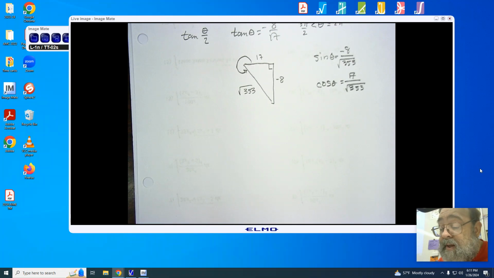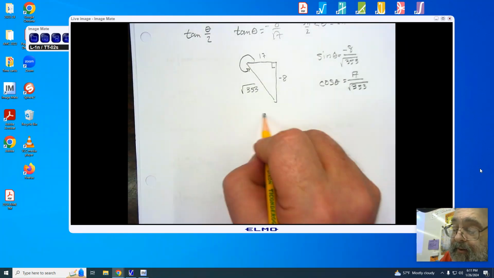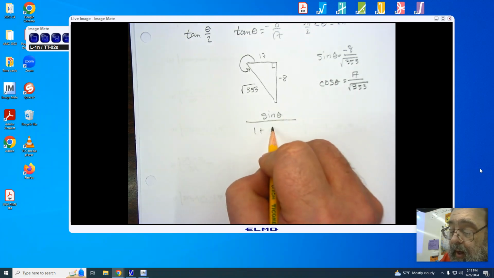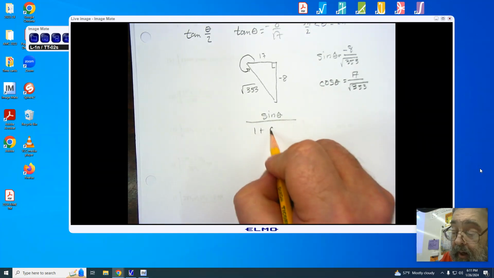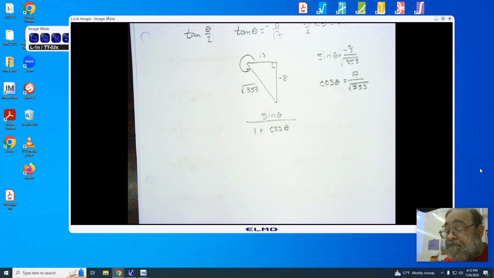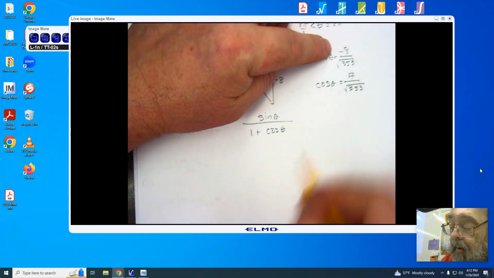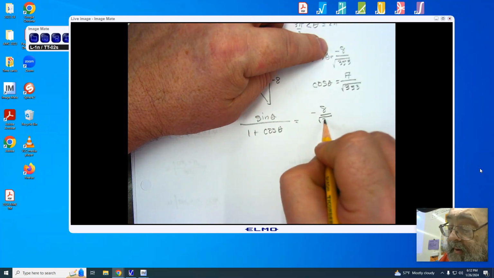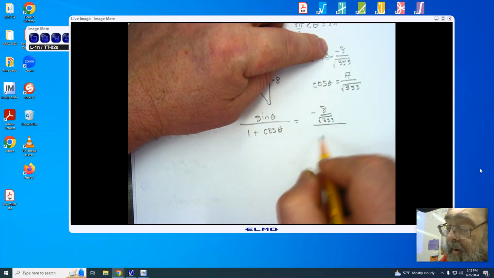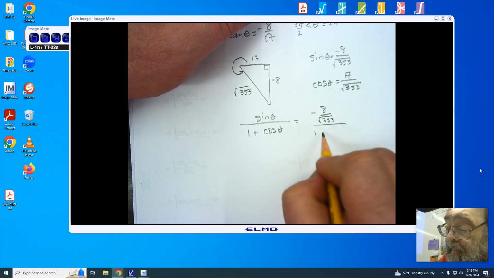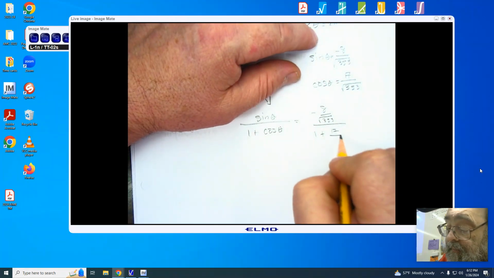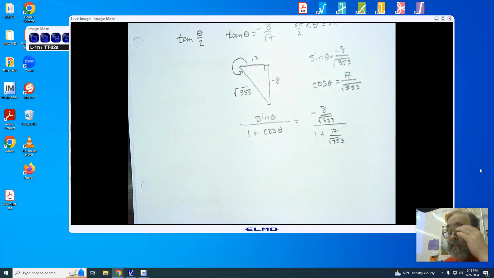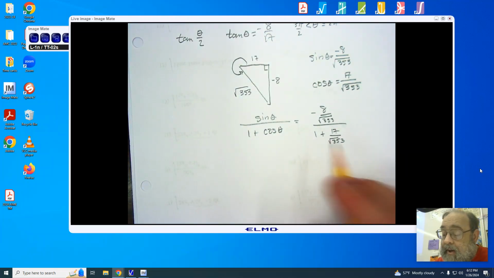We're now going to put this into the formula for tangent. Once again, I'm going to use sine of theta divided by 1 plus the cosine of theta. Here we go. Negative 8 over square root 353 divided by our 1 plus 17 over the square root of 353. Now you'll notice we need a common denominator.